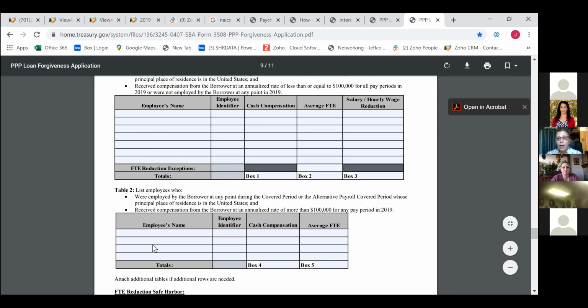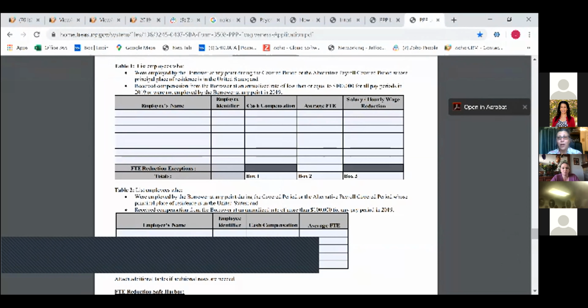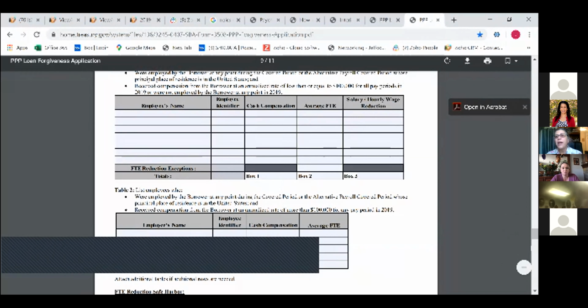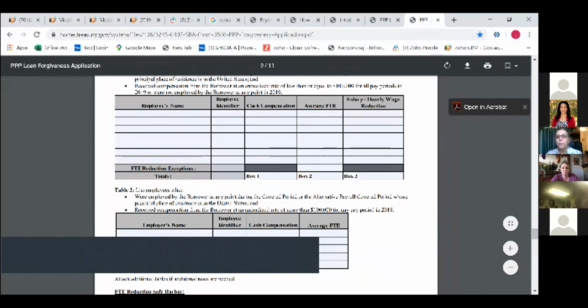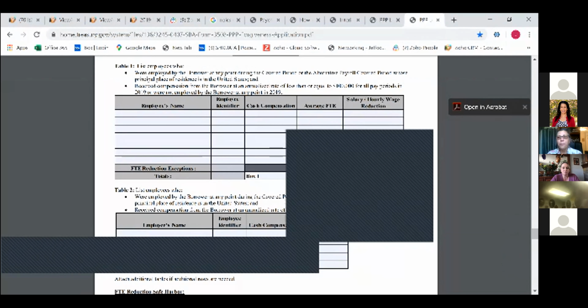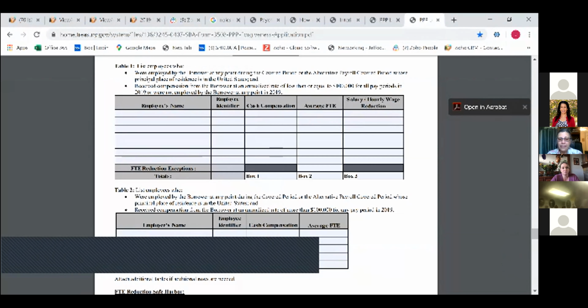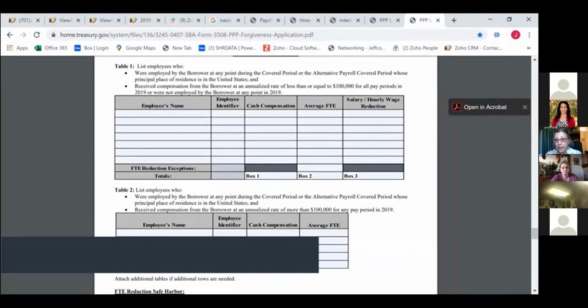Now, the next thing that we go in is this safe harbor period, and that's where we use the number of full-time employees. This is what all of these loans are based on. Two things: they're based on the salary, but they're also based on the full-time employees. That's FTE.